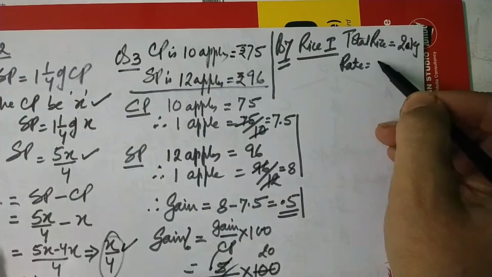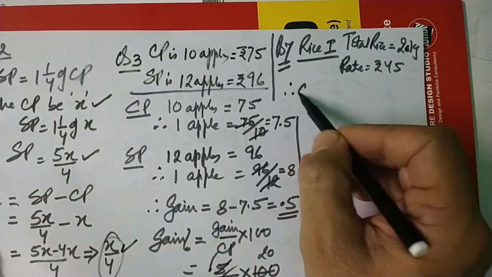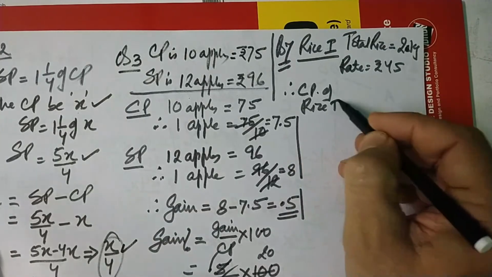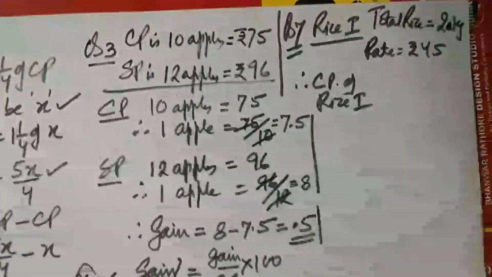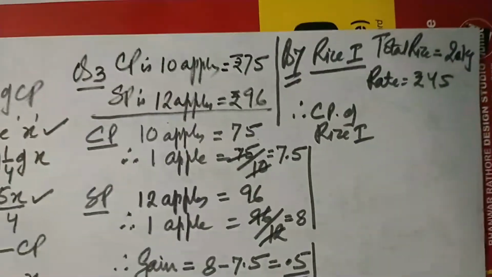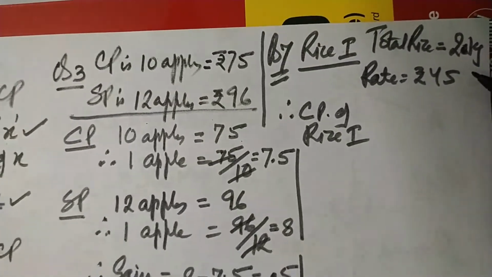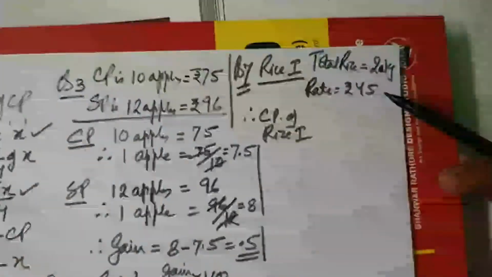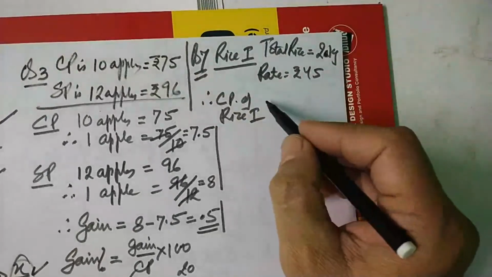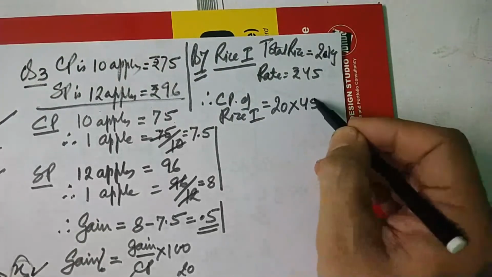Rate is rupees 45. So what is the cost of rice 1? She has bought two types of rice, so we will find the cost of the first type of rice. The total rice is 20 kg, the rate is this, therefore the cost price will become 20 into 45.